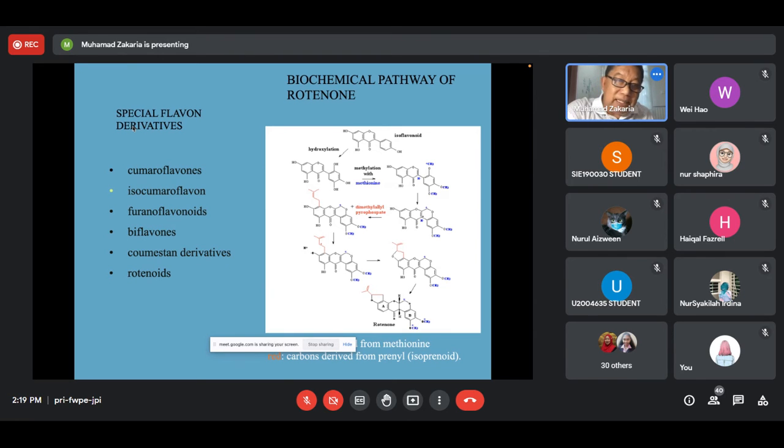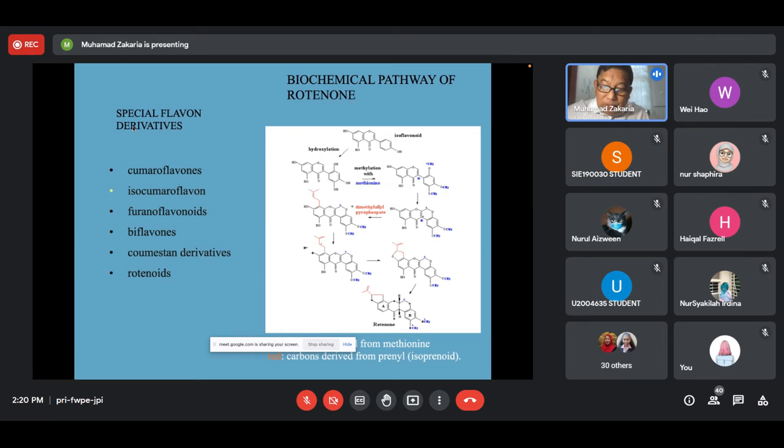Okay, what is interesting in this group of compounds? We look at rotenone. Rotenone is basically a very important insecticide in the early 1900s. Those days, when they travelled by ship for months and months in the ocean, they used rotenone as an insecticide to keep all the dry food, the grains, rice, beans, mixed with rotenoids to protect against insects.